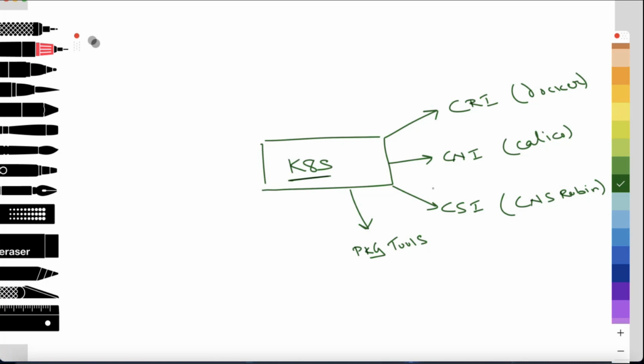Now, next thing, when you talk about Kubernetes, you always talk about something called monitoring. We have Kubernetes, we have pods, we have services, we have deployments, we have everything up and running. Now, my pod went down. My pod crashed.